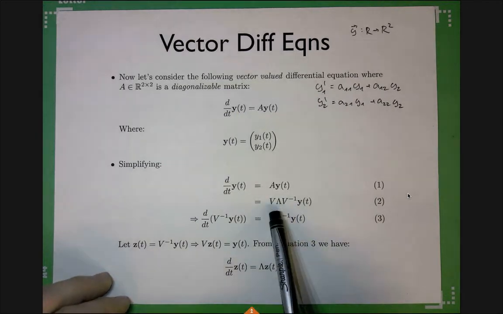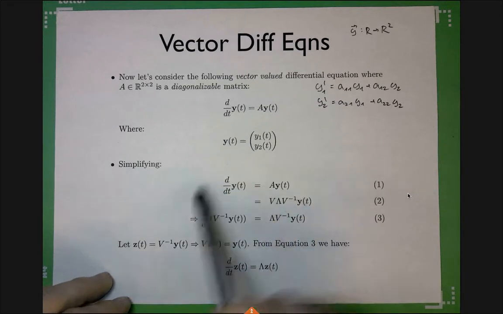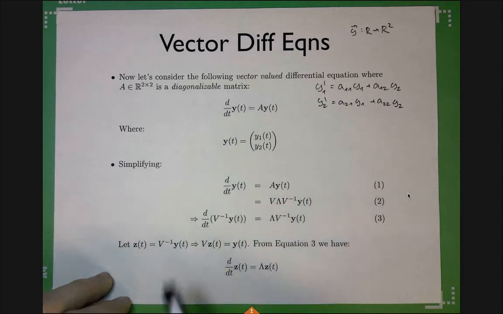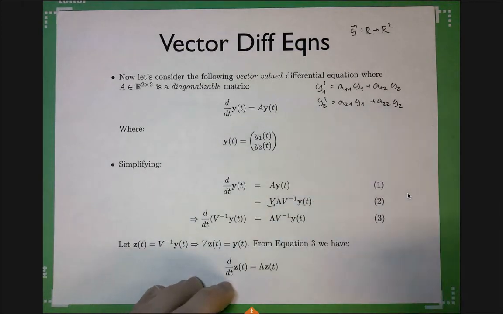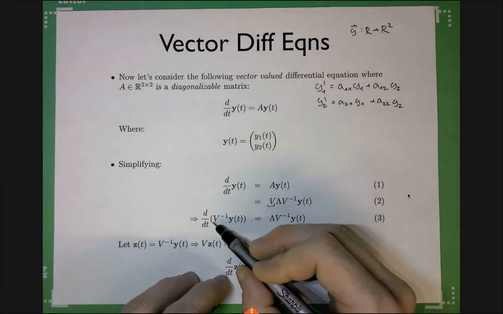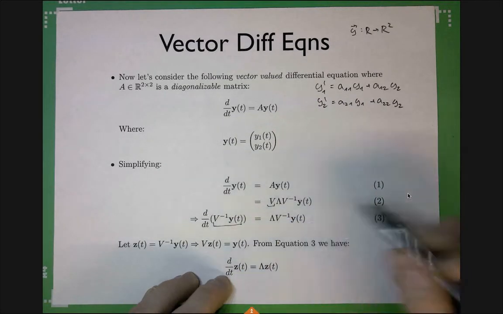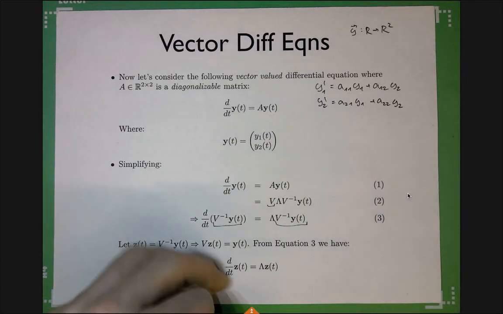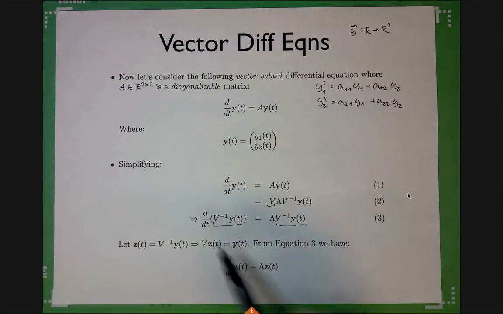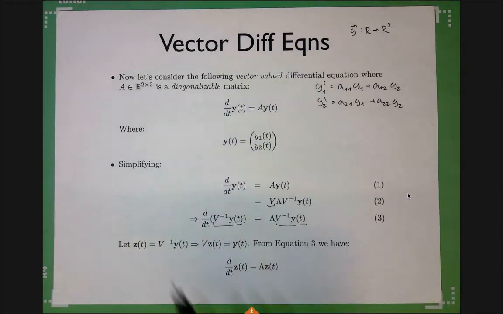Now, because V is invertible, I can just put it on the other side. I can multiply the entire equation by V inverse, so that this V disappears, and instead V inverse appears here. And what I have here is V inverse y and V inverse y. So this is begging for a substitution, because V is constant, because A was constant.